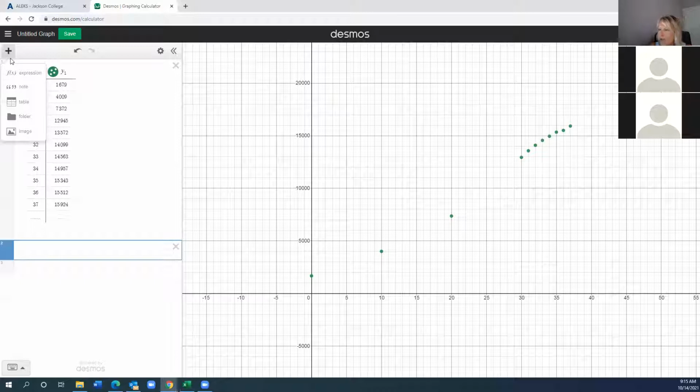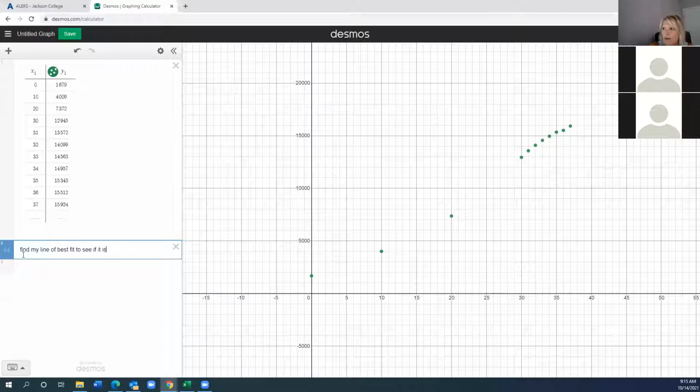I'm not going to necessarily go through and answer every question by question, but I'm going to do it as a statistician would. So I'm going to find my line of best fit to see if it is linear using the R correlation.